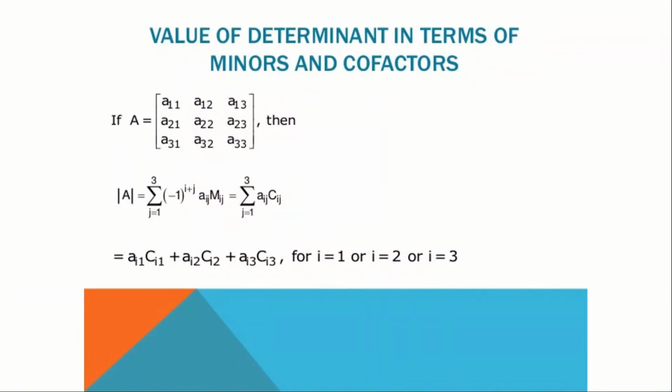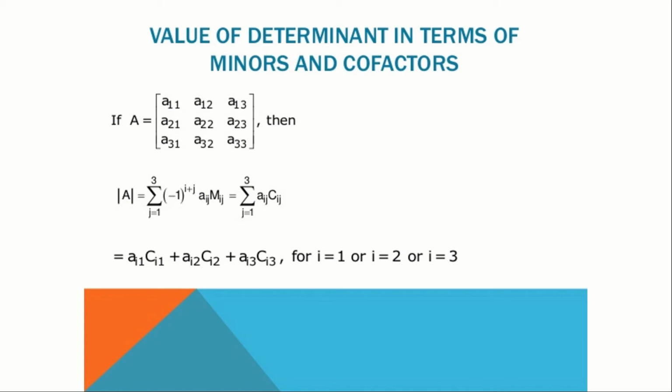Next, the value of a determinant in terms of minors and cofactors. There is a determinant, which is from 1 to 3. 1 to 3 means i will be the first row and 3 will be the column. So 1 to 3 means first row, third column.